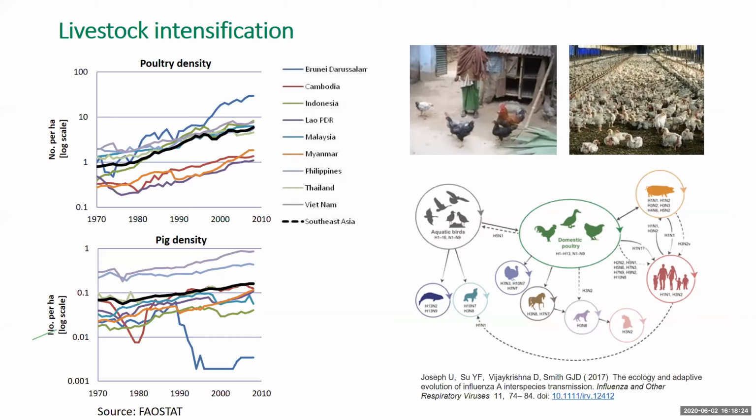So this is leading to a situation where we not only have these small backyard farms with low biosecurity and high mixing of different species, but also these more intensified farms with high poultry and pig densities, which could potentially amplify transmission of a new strain of influenza, for example. Next slide, please.